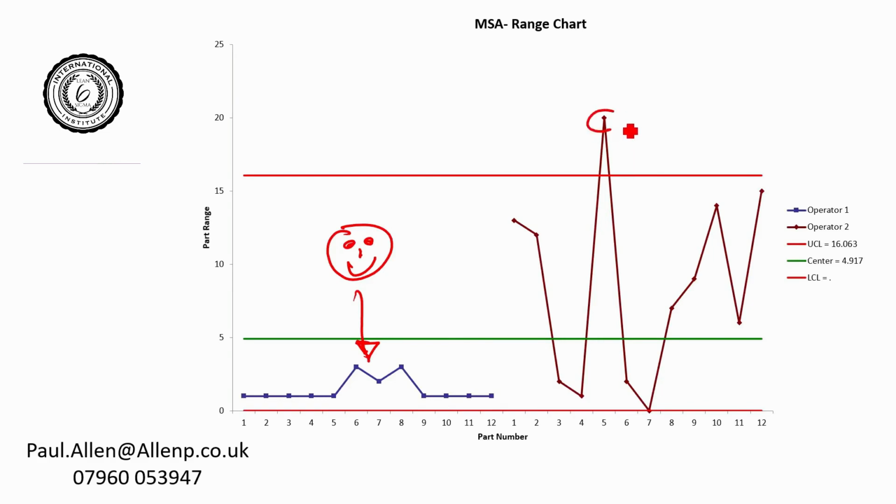This person, on the other hand, well, it's not the worst result in the world, being 20 out in this case, but you can clearly see that whatever it is they're doing, they're just not up to the task. So if we can get a standard operating procedure from this person here and then train it to this person here, that is the minimum you would do. But actually, this measurement system is perfectly okay for the practical job you're asking it to do.